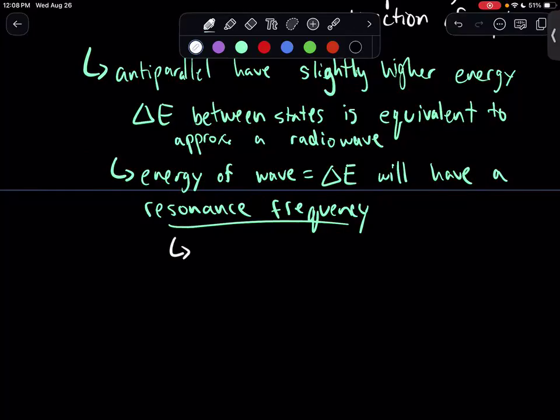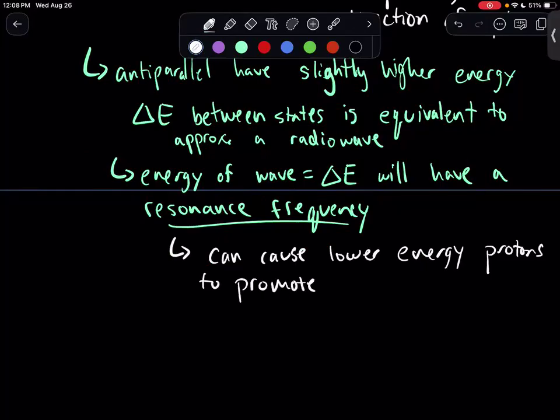But with that resonance frequency, we can cause lower energy protons to promote to higher energy state. So we now can apply radio waves into this magnetically aligned field of protons to promote our lower energy protons to that higher energy state.